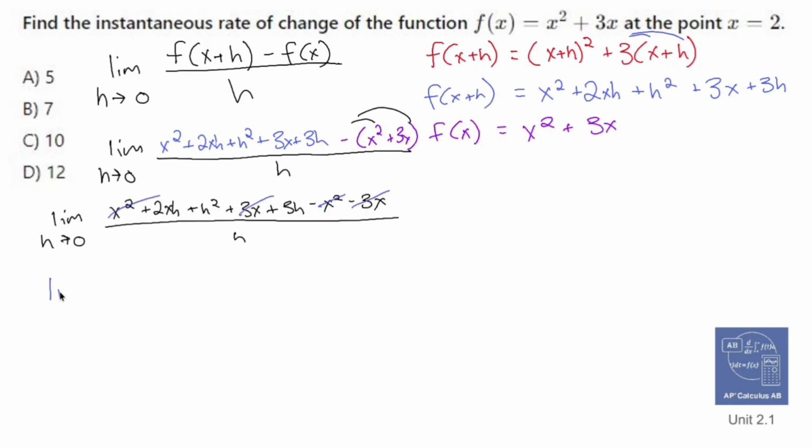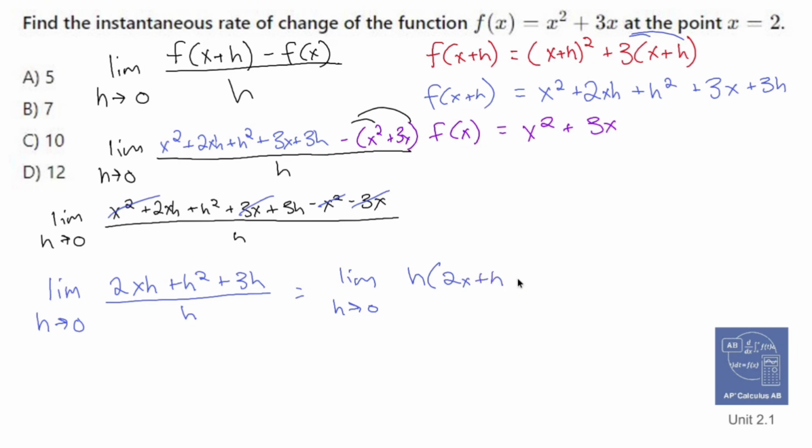And that leaves me with the limit as h approaches 0 of 2xh plus h squared plus 3h all over h. Notice that everything has an h attached. So pull the h out on top. So the limit as h approaches 0 of h times 2x plus h plus 3, all over h, the h is crossed out.